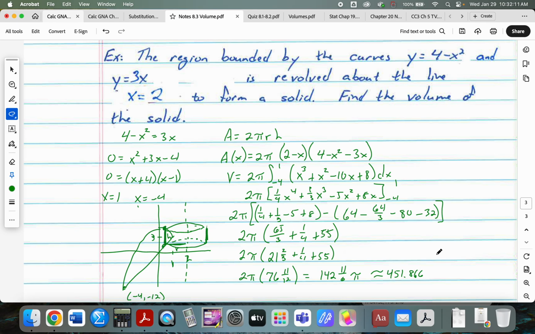Having trouble typing today. Minus 10x plus 8, with respect to x. So that's wrong also, apparently.